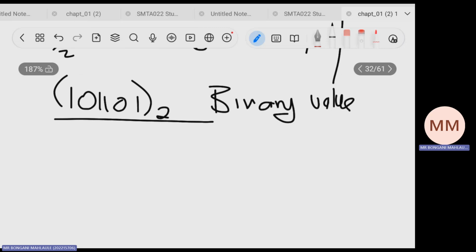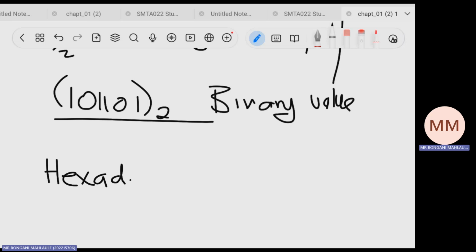So this is our binary, or byte. Then I want us to now convert from, no, before I convert, let me first write the formulas so that this can be simple. From hexa to binary, let me first show you some of the formulas.